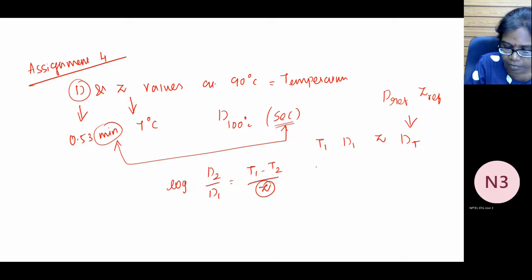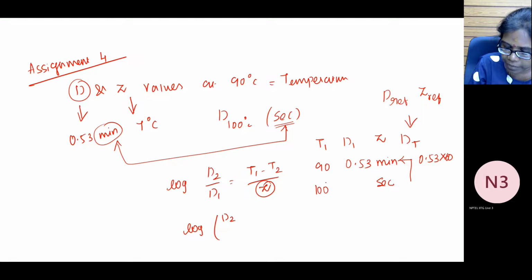So T1 is 90 degrees, for which 0.53 minute is given. And you are asked to find D at 100 degrees in seconds. So you convert this 0.53 minute into seconds, which is 0.53 into 60, as 60 seconds is 1 minute. So this manipulation you did. Now D2 is unknown to you.